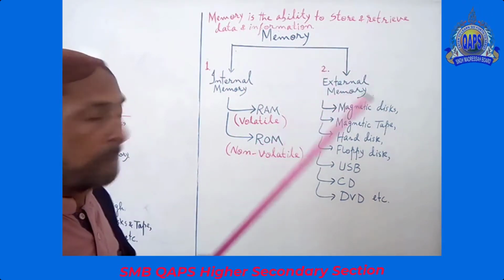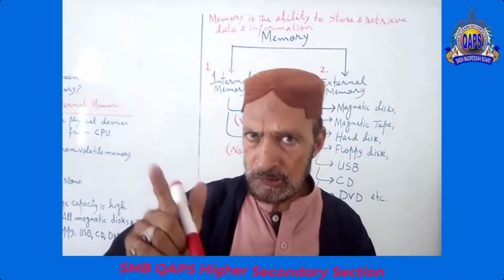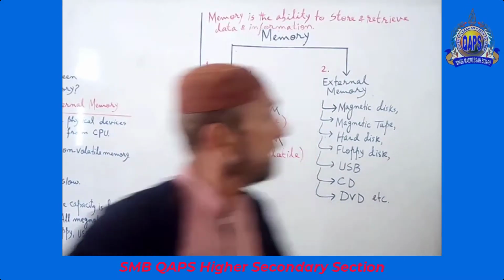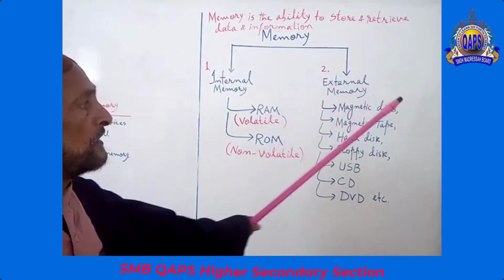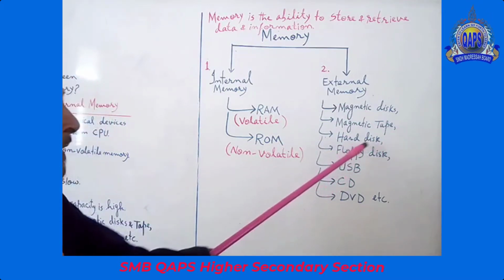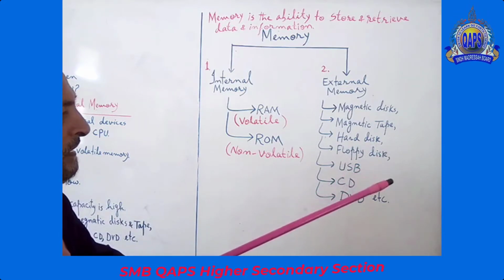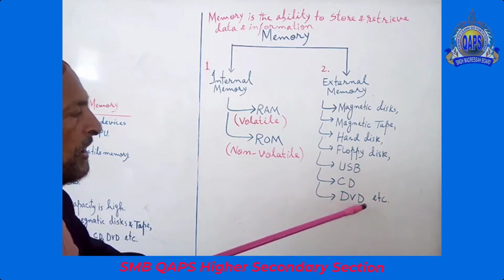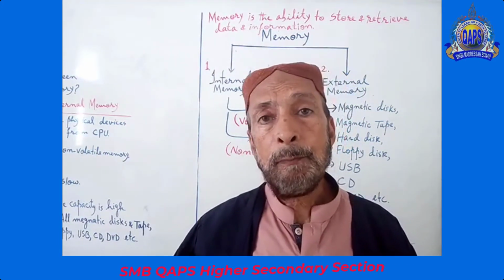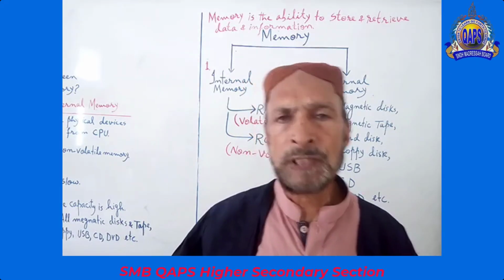External memory means all these things which I wrote over there on the board. For example, magnetic discs, magnetic tapes, cassettes, hard disk, floppy disk, USB, CD, DVD, etc. They are permanent memories of computer, that means non-volatile.